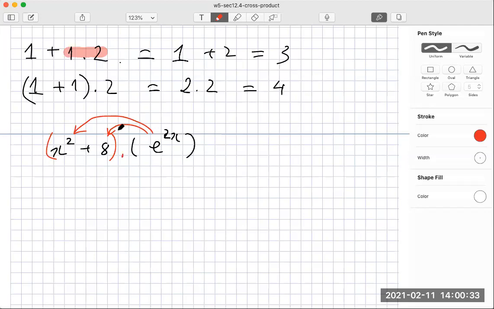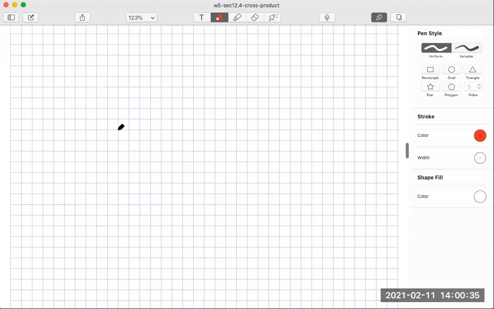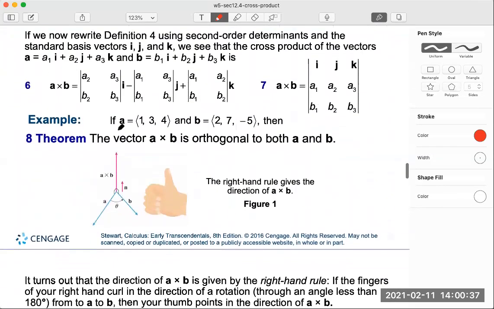Okay, we will go very slowly. Let us continue. Okay, now from this, imagine that we have vector A, vector B, and vector C. We can decompose A as the sum of A1 i, A2 j, and A3 k, and similarly, B is B1 i, B2 j, and B3 k here.